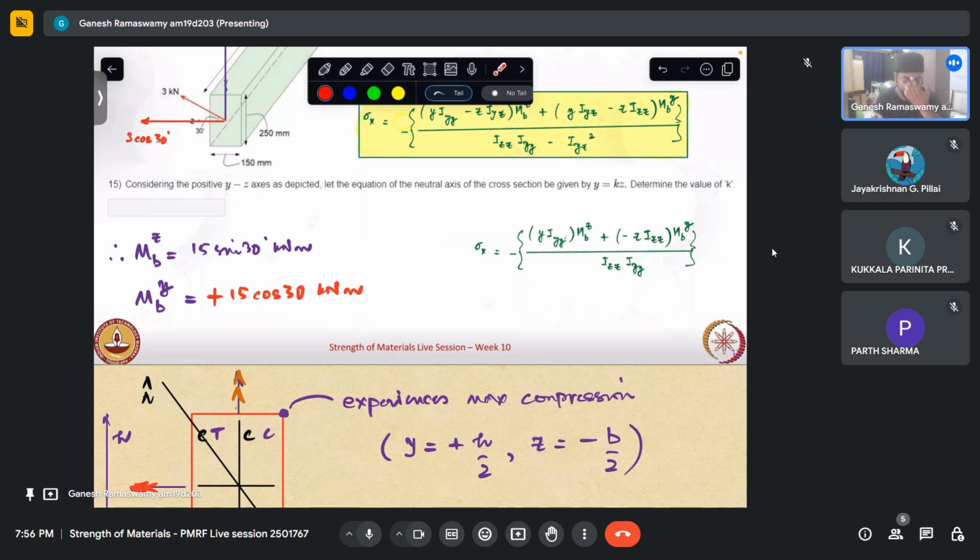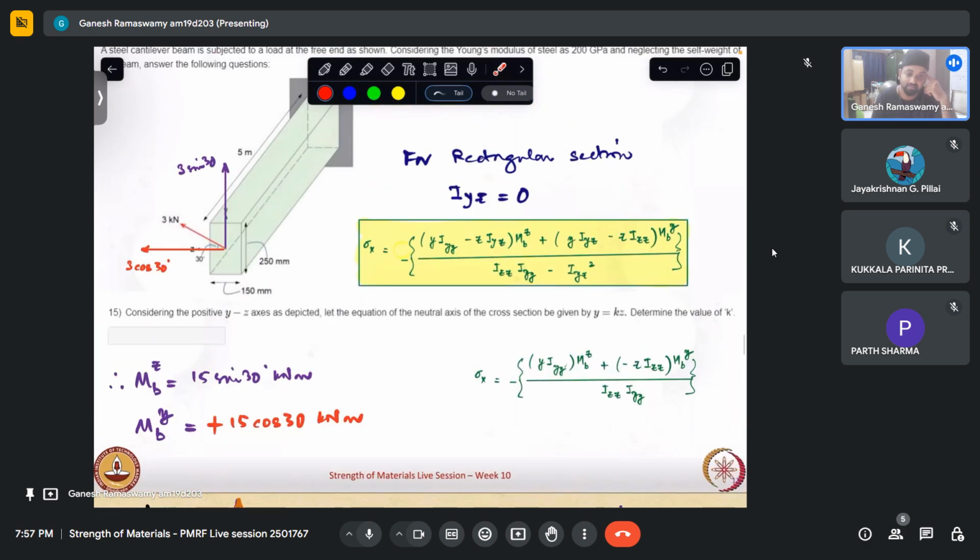We will be seeing more methods about how to use energy and other things in order to evaluate deflections. That will be the topic of next week. But presently, from the topics that we discussed, are there any questions? Are there any doubts? Or do you want me to explain anything that came in the assignments? Is everything clear there?